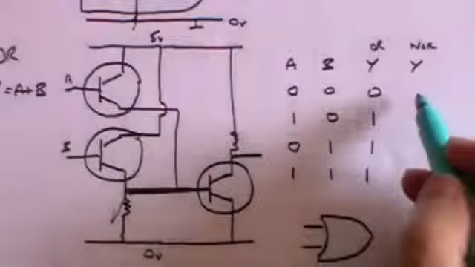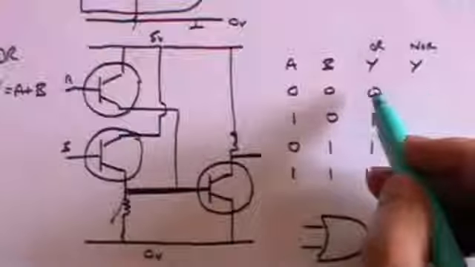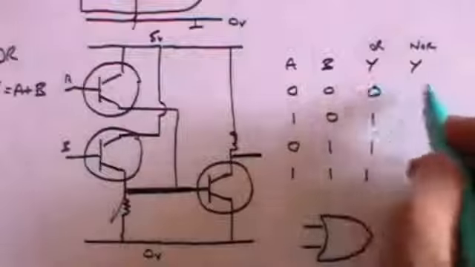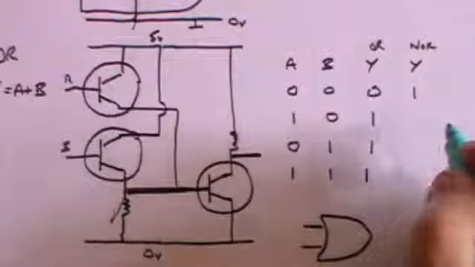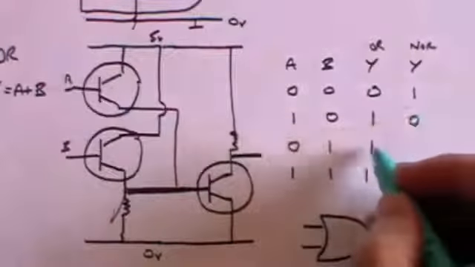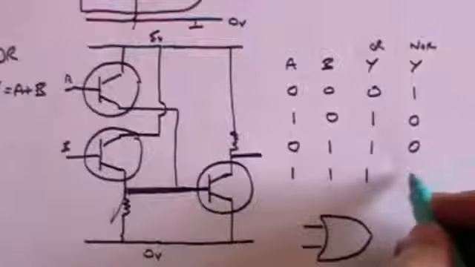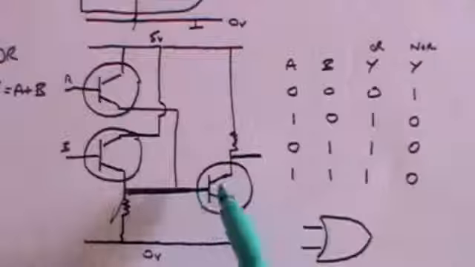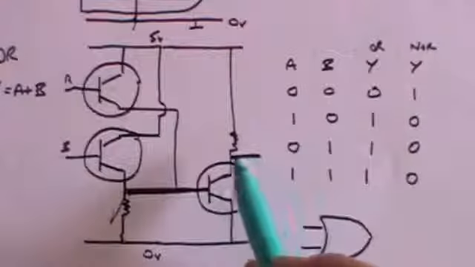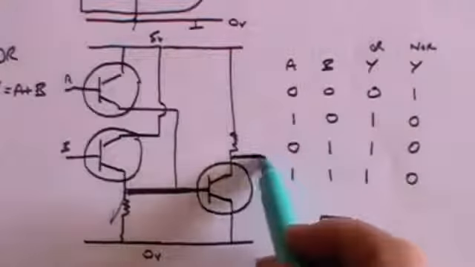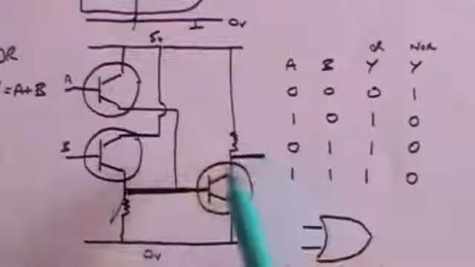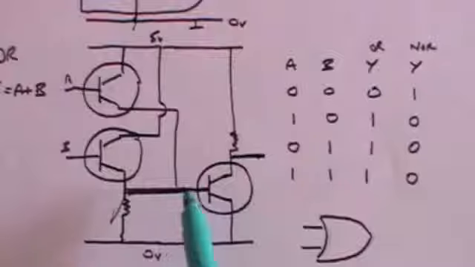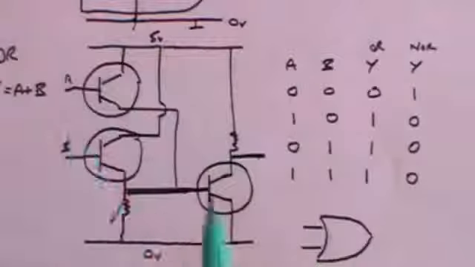Well, it will always be the opposite of whatever the OR gate is throwing out, because we're putting it through an inverter. So if it was 0 here, it'll be 1 here. If it was 1 here, it'll be 0. It's precisely the opposite of the OR gate, because we're putting it through an inverter and taking the output out here. And that output will be the opposite of the input, and the input is effectively the output of the OR gate.